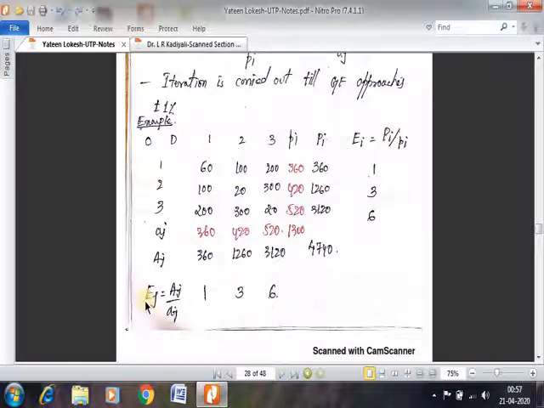Destination growth factor is the ratio of capital Aj and small aj. So how do we get this Ej value and Ei value for each one of these zones? So ratio between 360, that is capital Pi, and small pi is 1 for zone 1. Similarly, ratio between 1260 and 420 is 3.